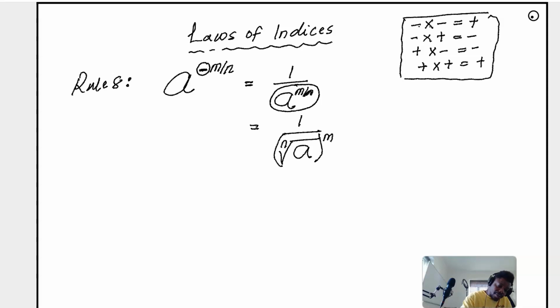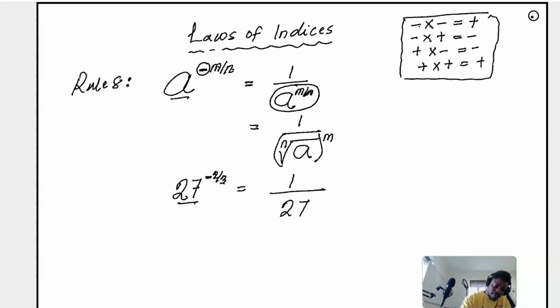So what I'm trying to say here, if you have 27 raised power minus 2 over 3. 27 is the same thing as a, 3 is the same thing as n, 2 is the same thing as m, and negative is the same thing as negative. So the first thing you have to deal with is the negative on the power side, which means 1 over.